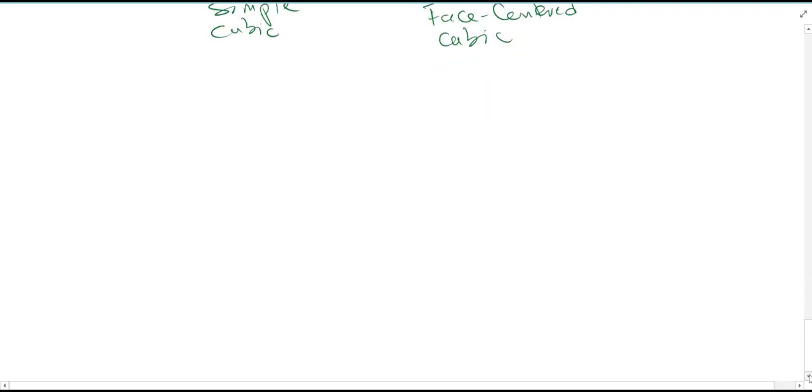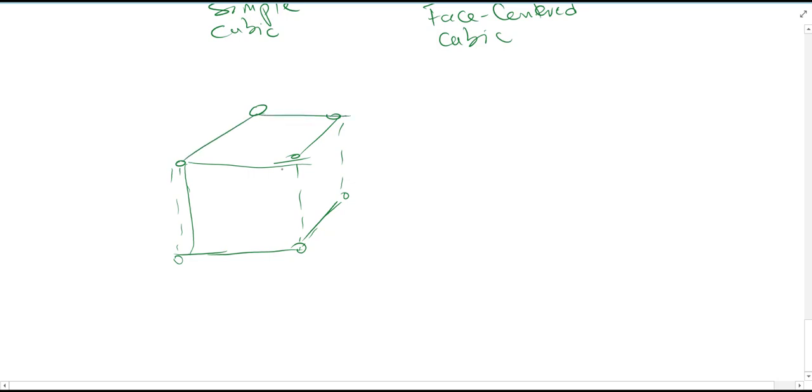Now, another one that you can have in here is the body-centered system, in a sense that inside, I'm just trying to draw in here some simple shapes for the crystal. So this is the front side, or at least one side of it.